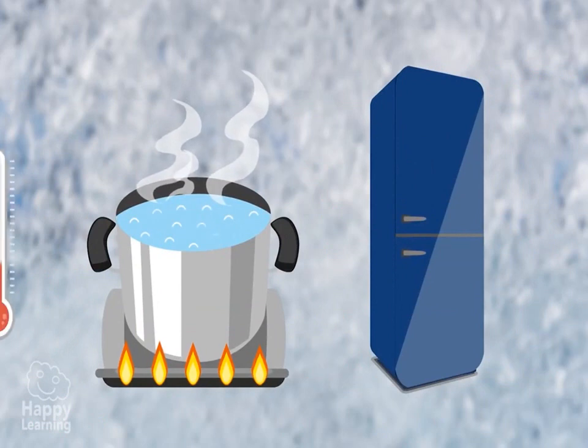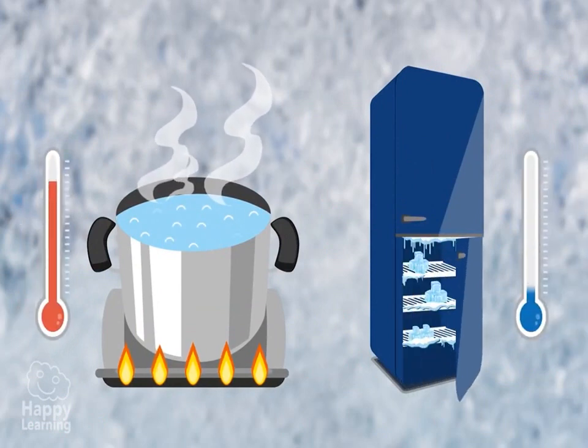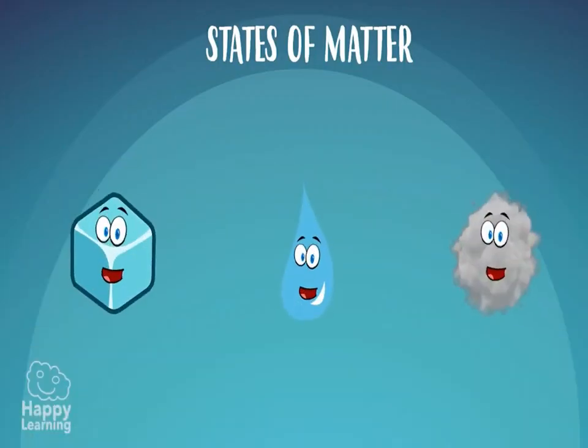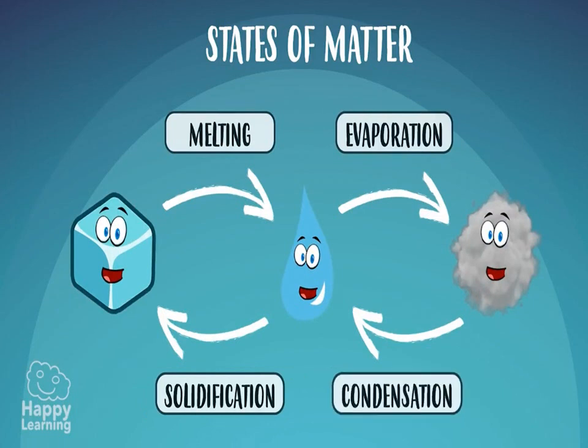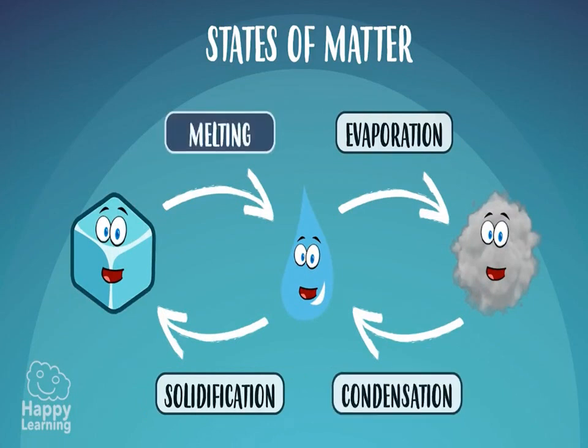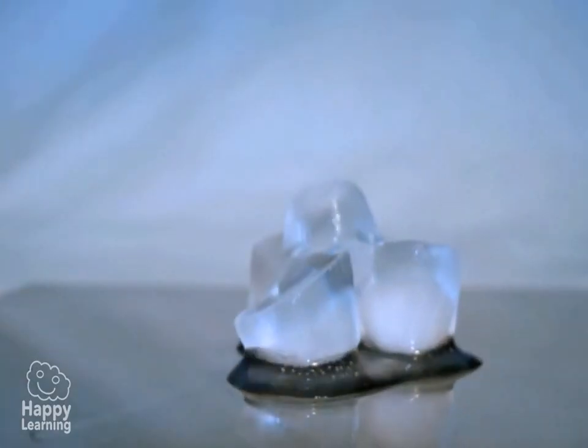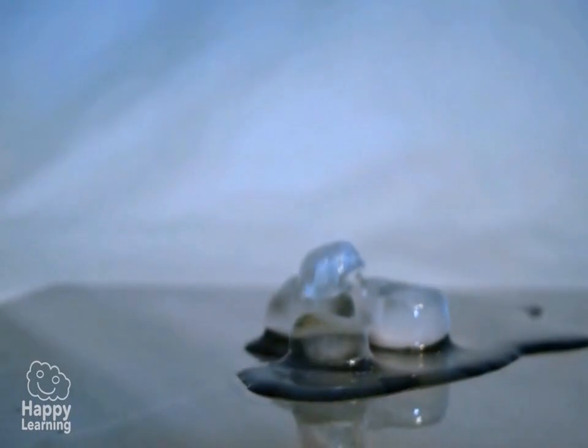Changes in state happen after cooling or heating matter, and there are different types. Melting, solidification, evaporation, and condensation. Melting happens when matter changes from its solid to liquid form and happens after rising temperature.